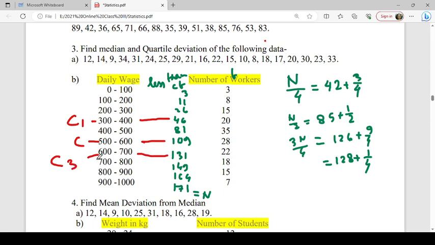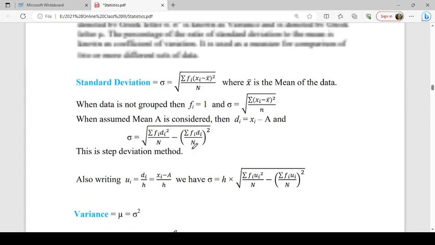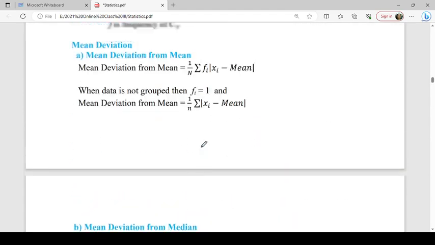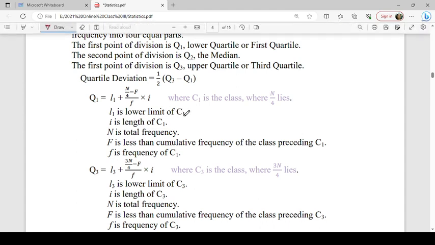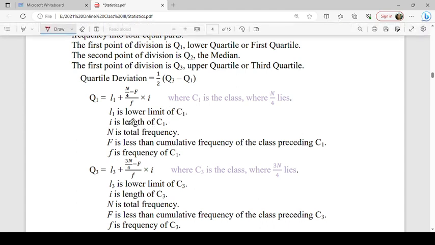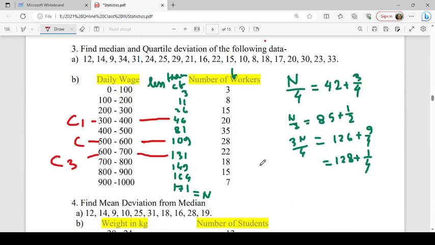So we are finding these values C1 and C3, and use this formula for the quartile. L1 is the lower limit of C1, L is the length of C1, N is the total frequency, F is the cumulative frequency. So the formula is L1 plus n by 4 minus F, divided by f, into the length.